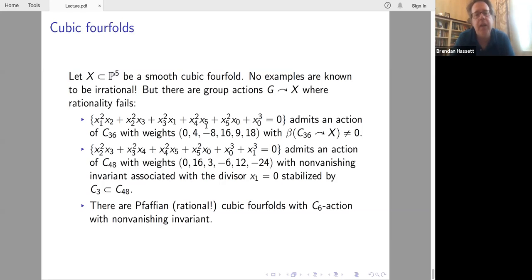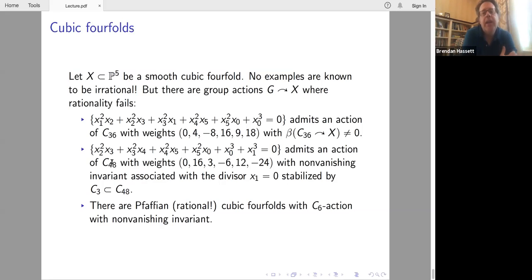That's saying that this cubic fourfold cannot admit a birational map to P4 such that the C36 action on the cubic fourfold ports over to a linear action on P4. And there's a similar example, slightly more complex, for a group of order 48.